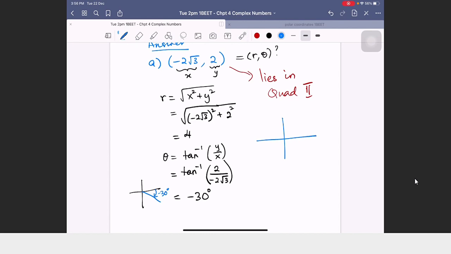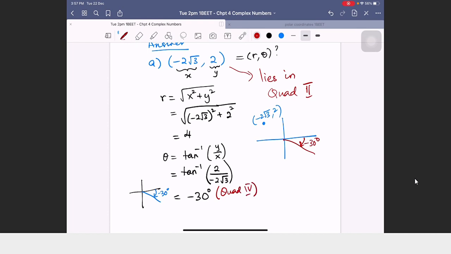Somewhere in quadrant 2, let's say this is the point, minus 2 sec 3, 2. And the calculator gives you this negative 30. So that angle, minus 30 degrees, is not the right angle. It's not the right answer for theta, because this 30 degrees is an angle in quadrant 4.